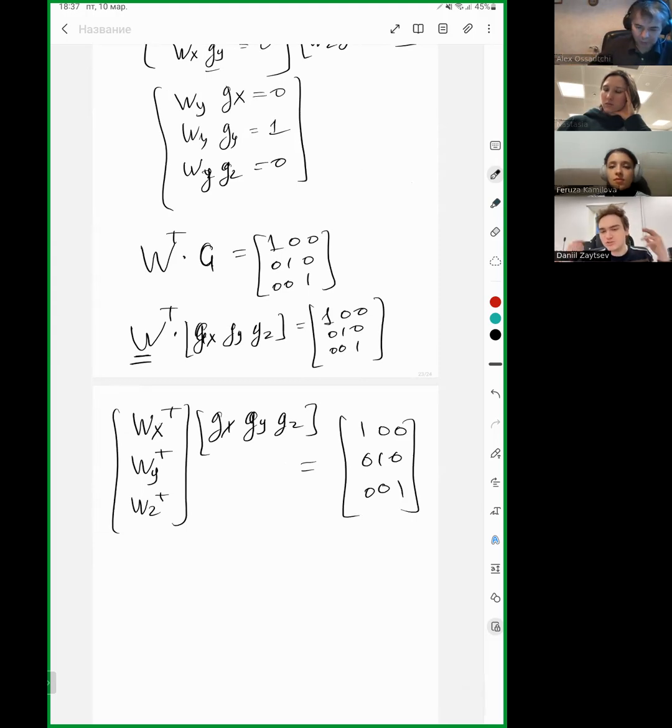Okay, so W transpose times Gx is 1. W transpose times Gy is 0. W transpose times Gz is 0, and so on. Okay, Wx transpose Gx is 1, Wx transpose Gy is 0. Okay, but formally you are in exactly the same setting.